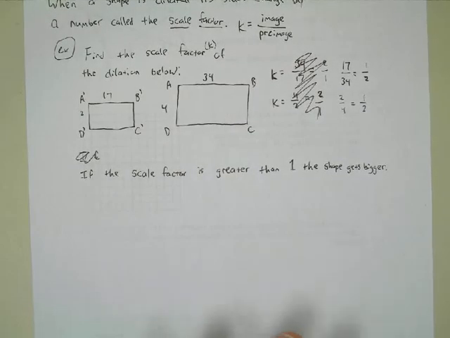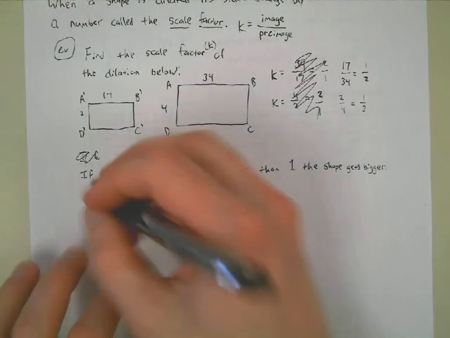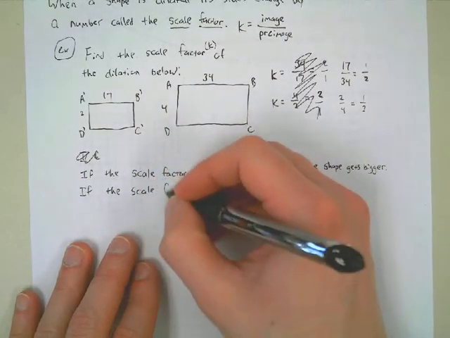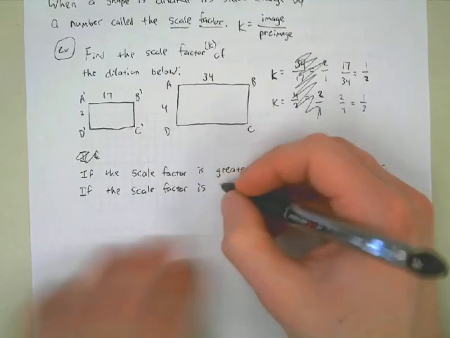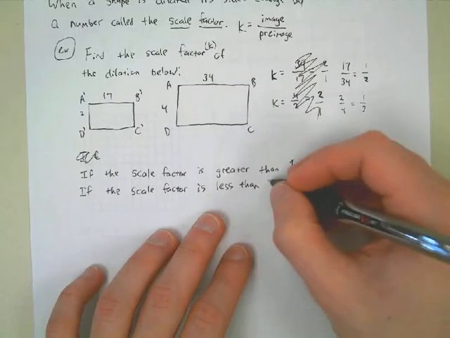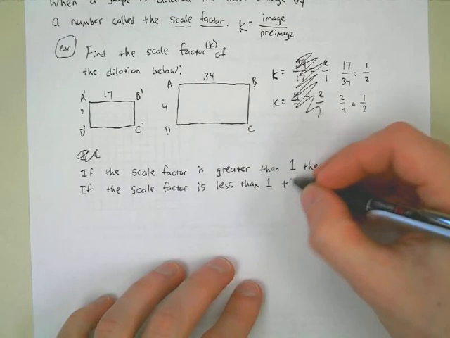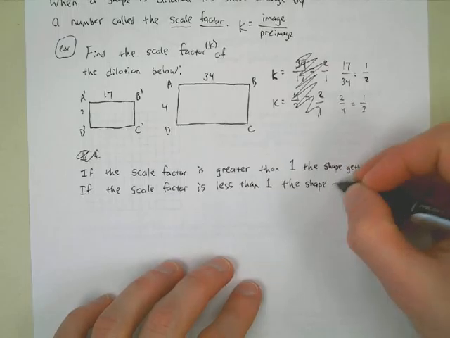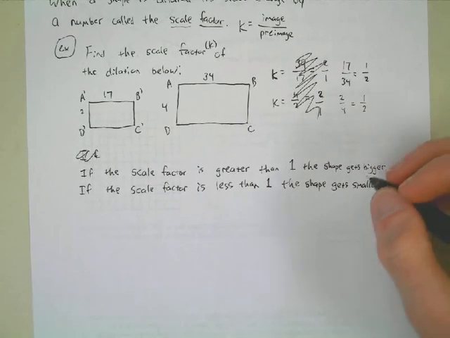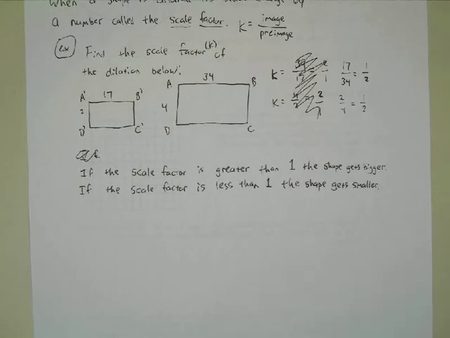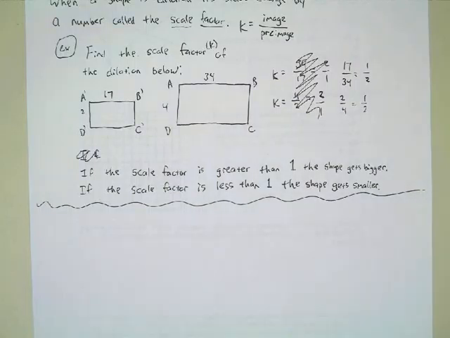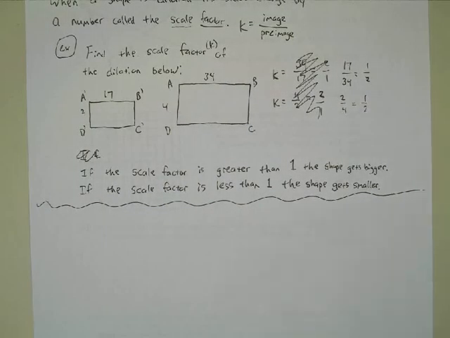And then also, if the scale factor is less than 1, the shape gets smaller. Right, and if it is 1, then the shape stays the same. Exactly right. All right, questions on any of that? All good? Okay.